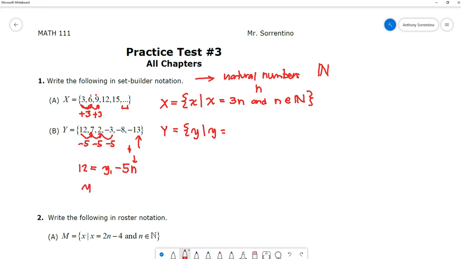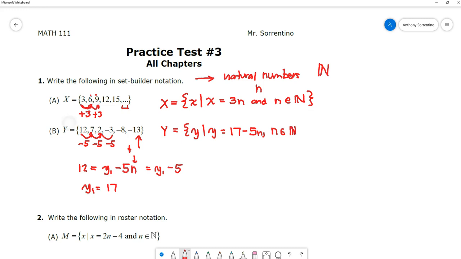So the first term should basically be equal to 17, because this would be y1 equal, minus 5 for the first term. And so if I add 5 to both sides of that, the first term is 17.